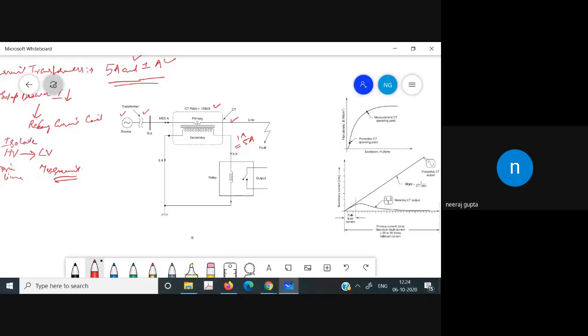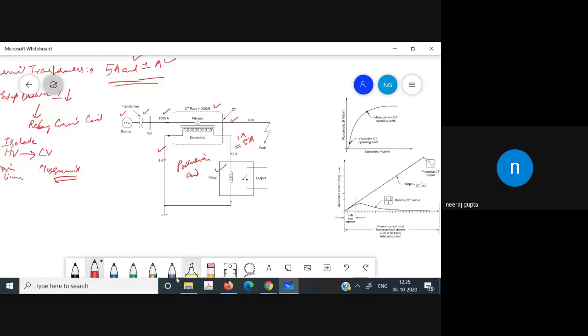Here we have the current of 1000 ampere, which is very large, so it will reduce the current to 5 ampere, which is used for the protection circuit. So we will have the relay here. This is the job of this current transformer.